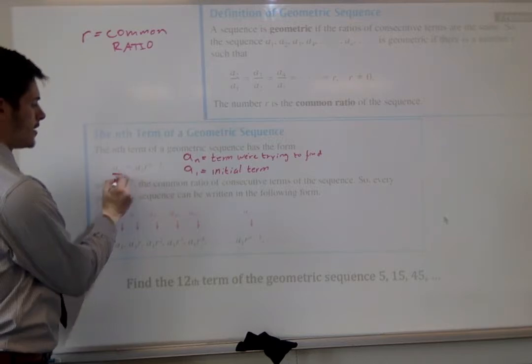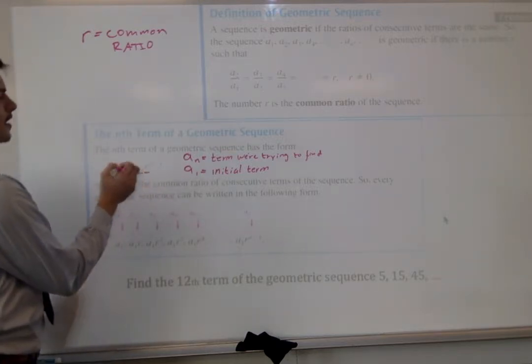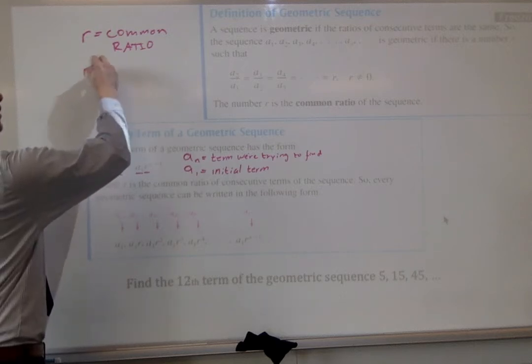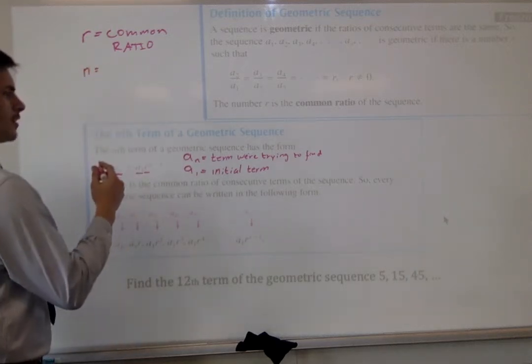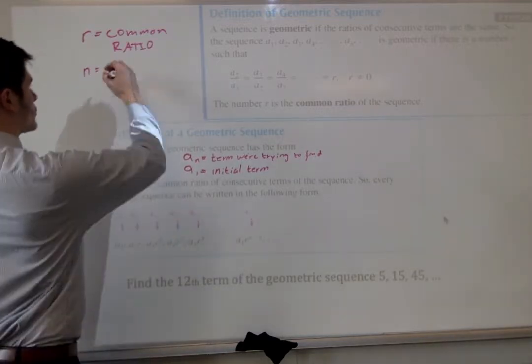So we've got a sub n, a sub 1, r, and n is going to be the number of the term, right? So the term number.